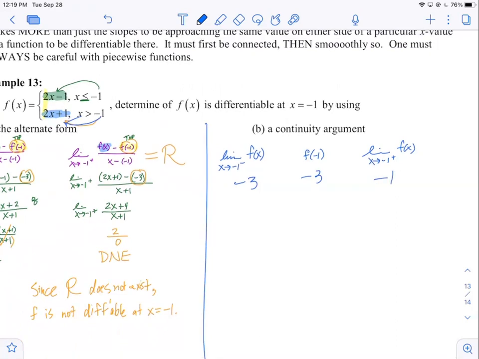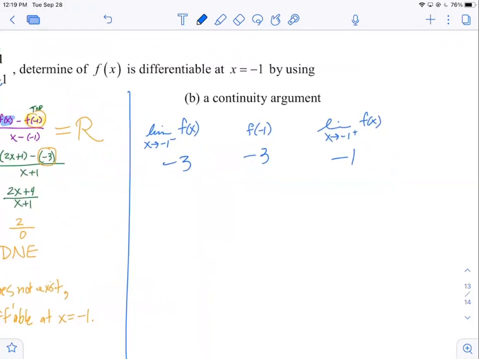So now I could say this: since -3 does not equal -1. Which -3 am I referring to? Both, or either. Take your pick. Since -3 does not equal -1, can I go straight to saying f is not differentiable?